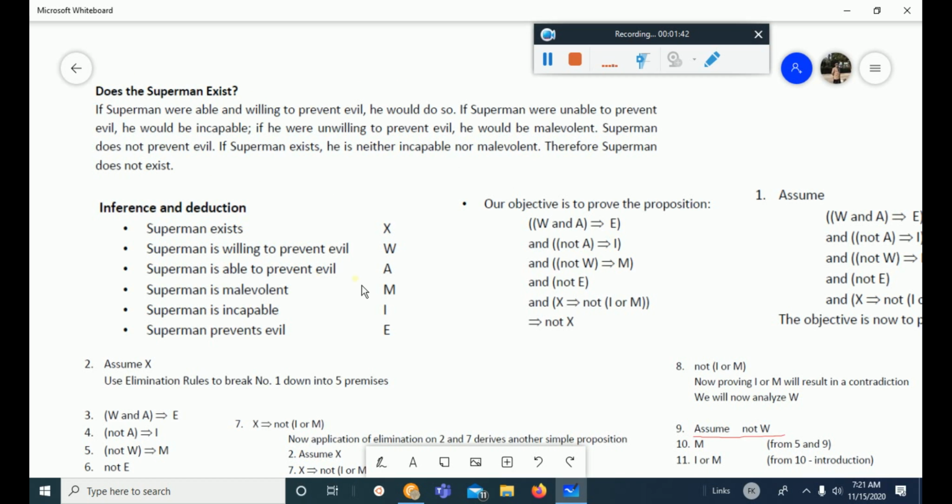Superman is able to prevent evil, we represent that with A. Superman is malevolent, represented with M. Superman is incapable, we represent this proposition with I. Superman prevents evil, we represent that with E.